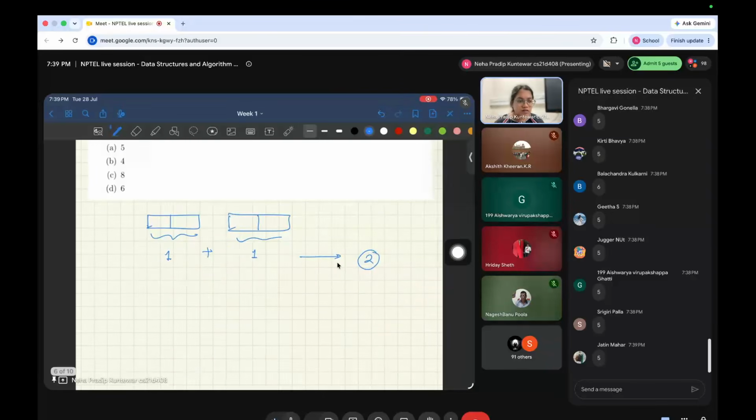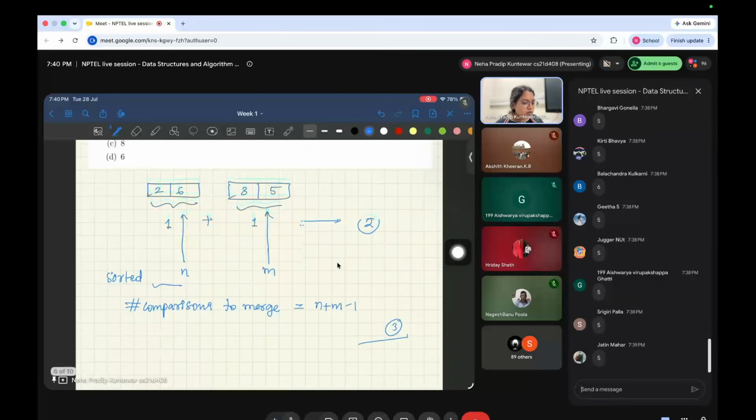Now you need to merge these arrays. So let's say this is 2 and 6, and let's say this is 3 and 5. If you have an array of size n here and an array of size m here, and both of these are sorted, and you want to merge them into a sorted array, the number of comparisons you need to make would be n plus m minus 1, which in this case is 3.